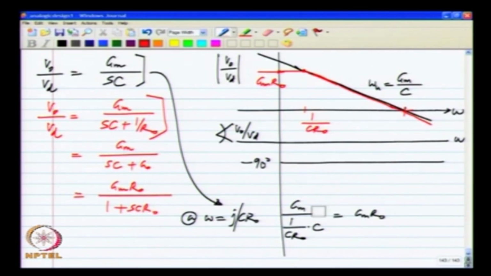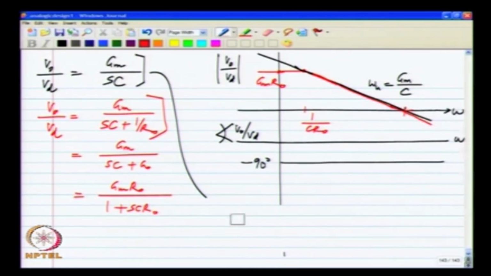So, we will confirm that with calculation later, but that is what happens. So, the magnitude response of the non ideal op amp is a constant Gm R naught up to a frequency 1 by C R naught. After that it follows the same frequency response as that of the ideal op amp.